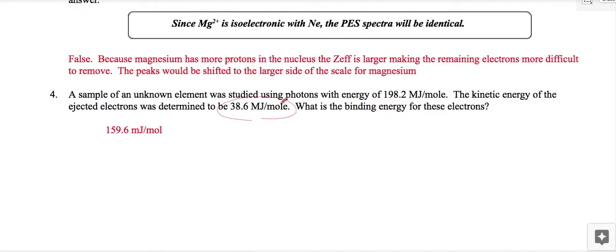So if this is the amount of energy used by the photons, then the binding energy is just the subtraction of those two different things. So how much energy was given, how much energy was released, so the binding energy is the difference between those. And that should be a capital N. There we go.